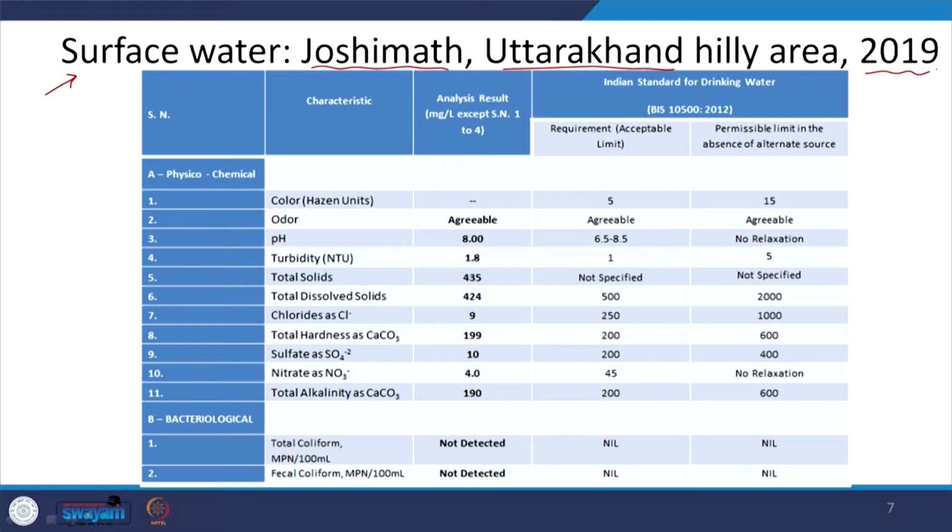When we say water quality, typically at least this is what people in our lab do. What are we looking at? Color. We are typically not measuring that unless it is visible, then we do that. Hazen units, there is a particular way to do that with a spectrophotometer. Odor, just by using the nose, I guess, and pH is 8, relatively high.